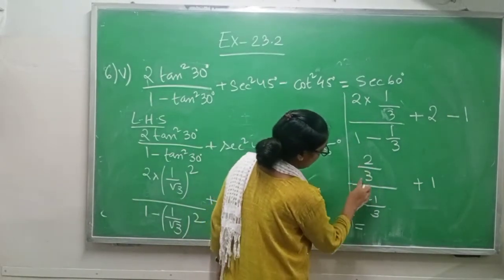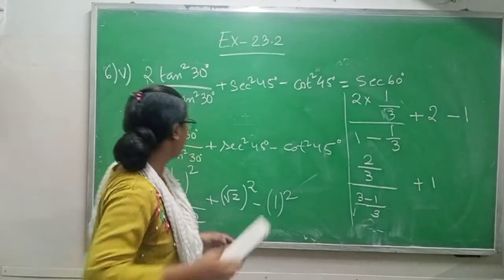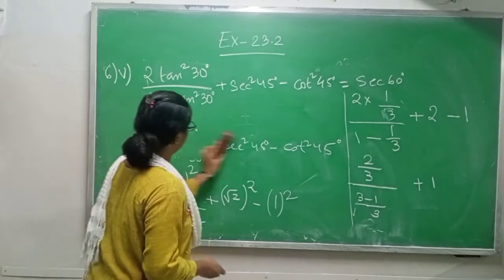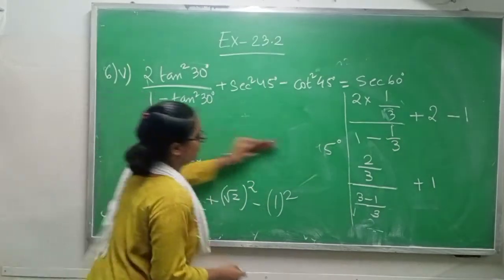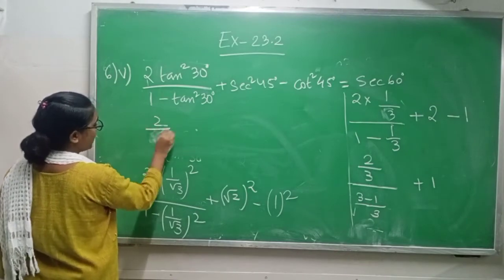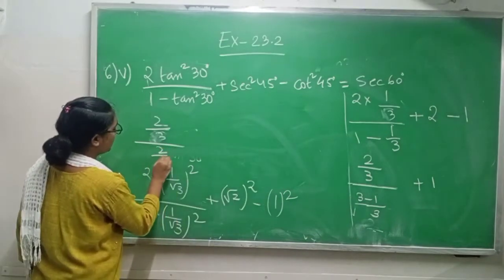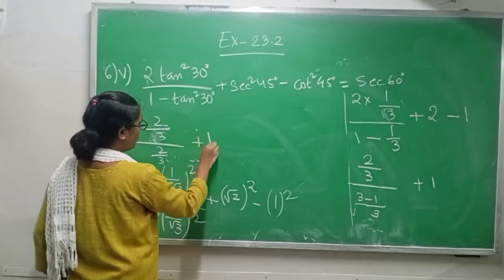Now this one, 2 by root 3, 2 by 3 by 3 minus 1, 2 means 2 by 3. Here plus 1.